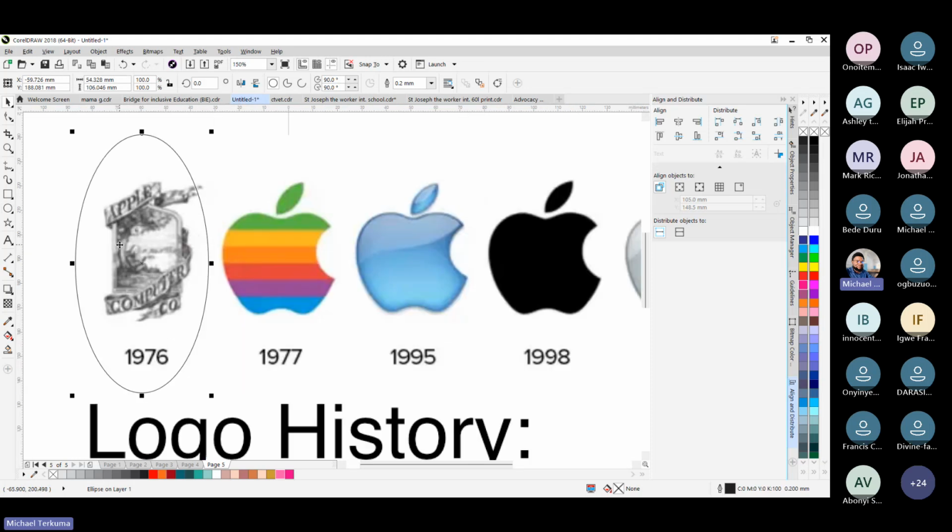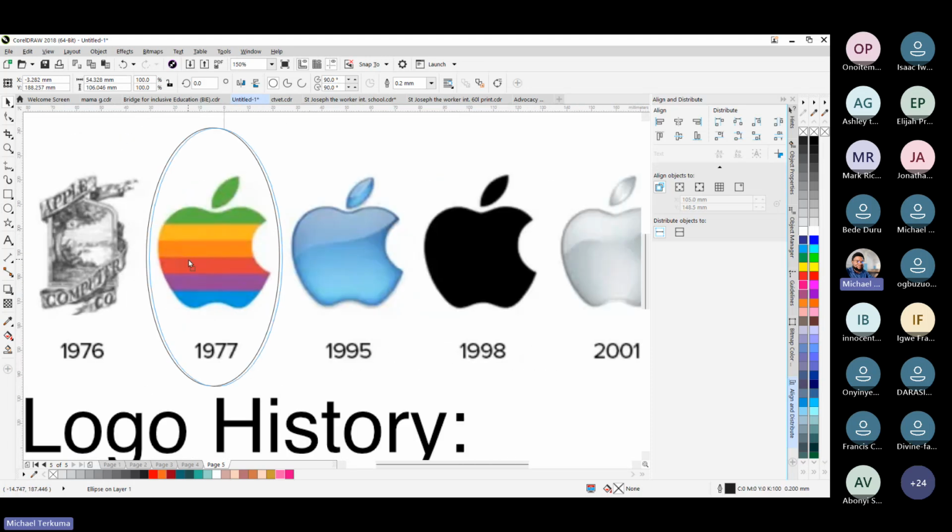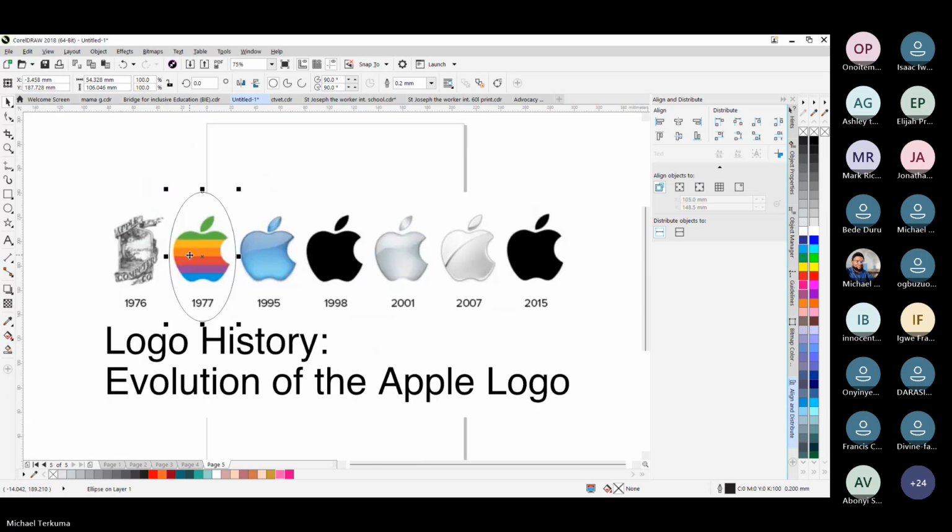They were just messing around. This is actually the logo people know as the first Apple logo. If you look at this, this is how it was with the color mixture and all of this.